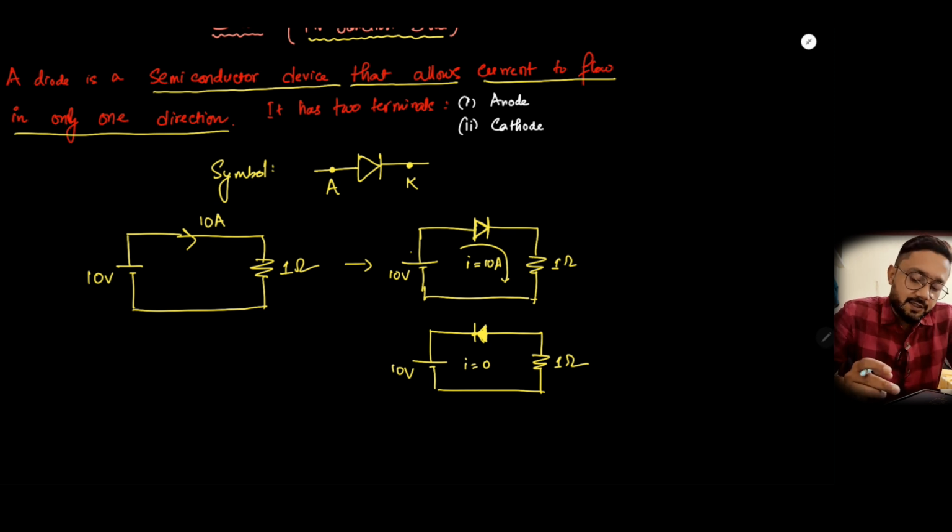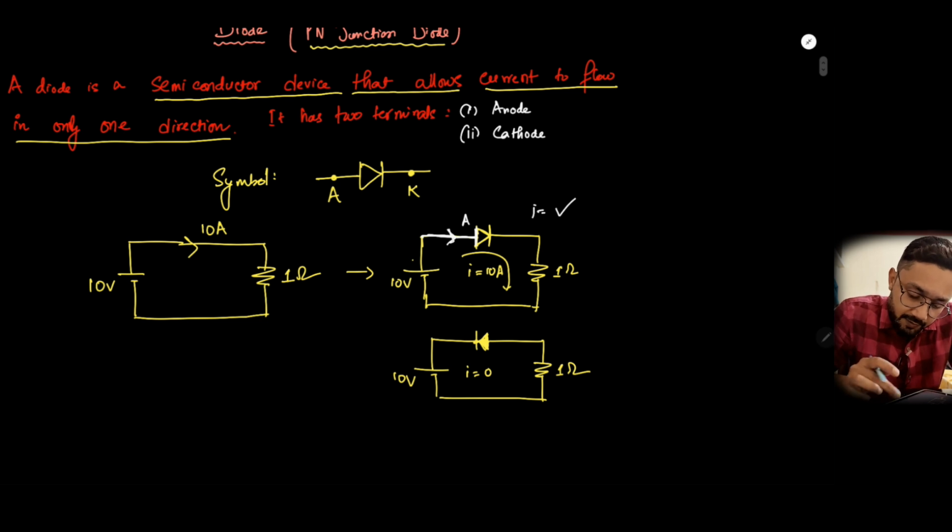It is because, by the definition, a diode is a semiconductor device that allows current to flow in only one direction. That means if the current is entering the anode terminal, the diode will allow the current to pass.